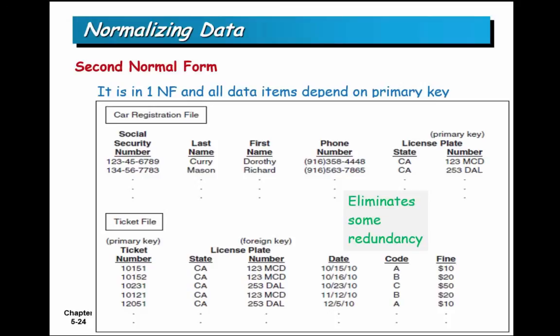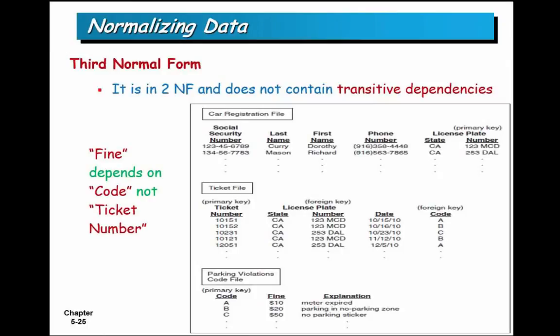So the third normal form takes the second normal form and gets rid of transitive dependencies. The data in a table should relate only to its primary key. So here the fine amount relates to the code. And then the code is a foreign key on the ticket file, and all is good.